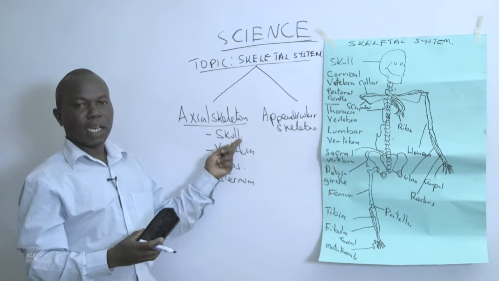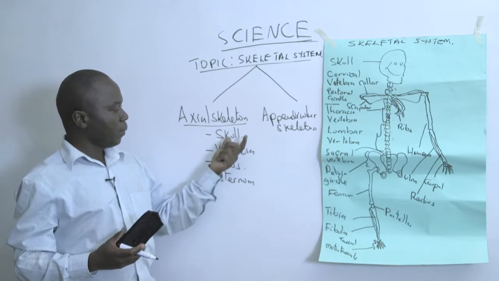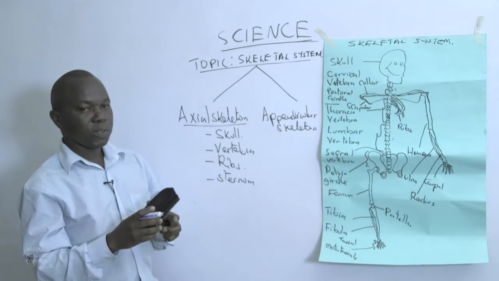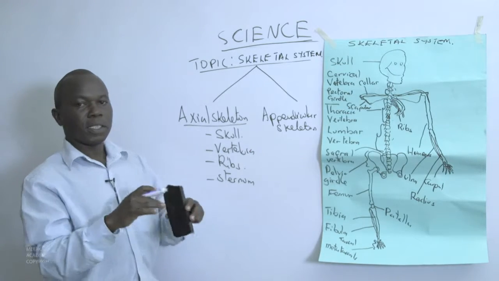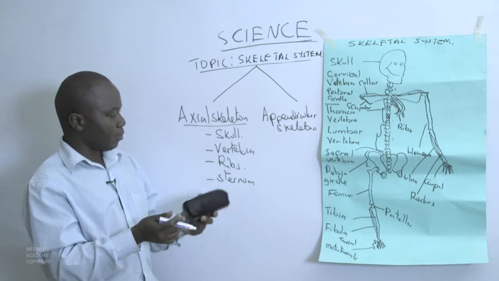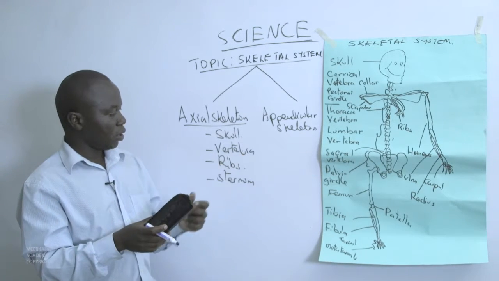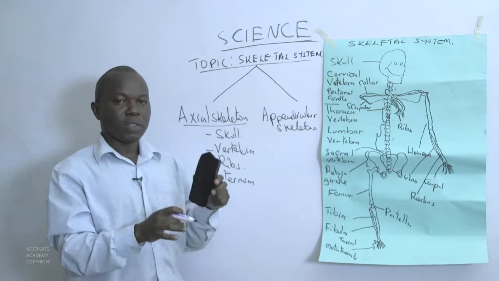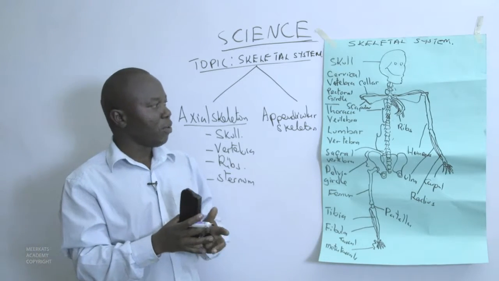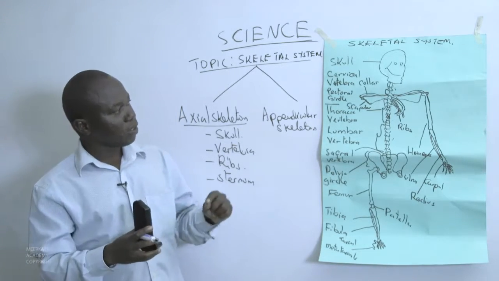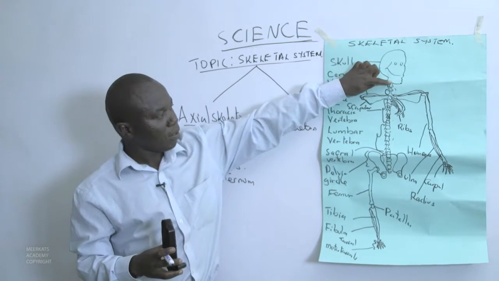So we say that the skull is made up of plates of bones that are fused together, which forms a casing called the cranium. Vertebra consist of short bones. Those short bones are usually joined together to form a column. That column is called the vertebral column.